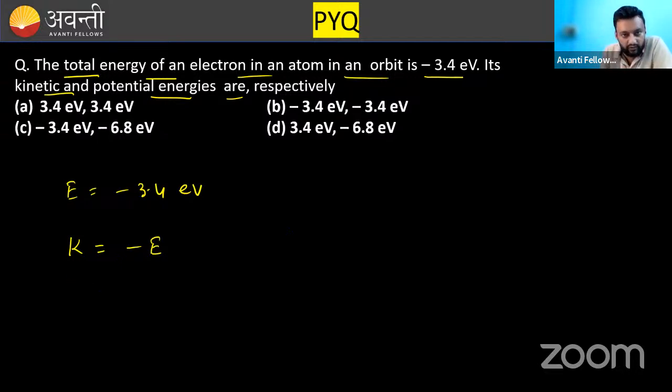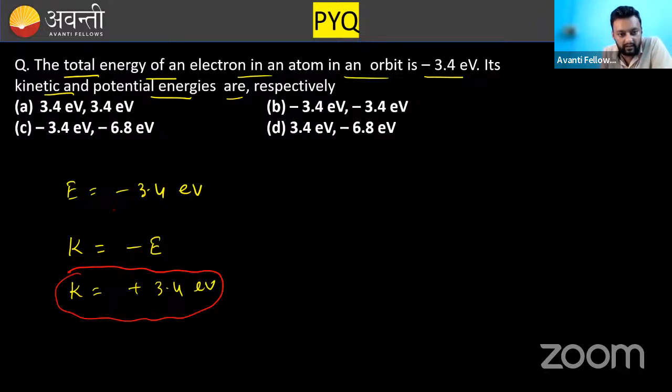Veena, can you answer what will be the correct answer for this question? So kinetic energy will be plus 3.4 electron volt. Is it clear? Minus and minus will be cancelled, so it will be plus 3.4 electron volt. Now what is the potential energy? U is equal to minus 2 times kinetic energy.